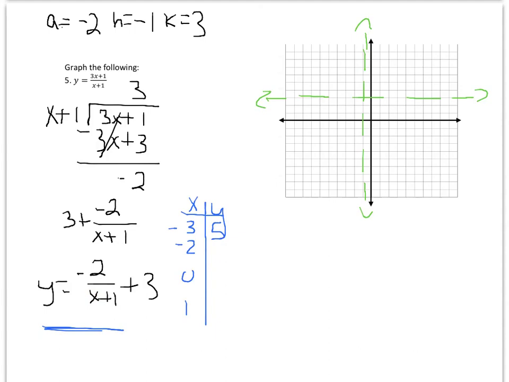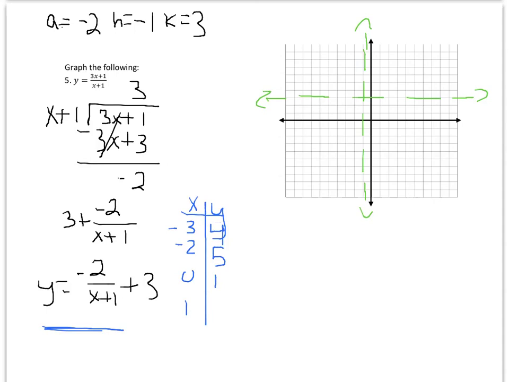Sorry, not 5. You would get 4. Plug the negative 2 in for x, you get 5. Plug the 0 in, you get 1. Plug the 1 in, wait, if I plug 0 in, negative 2, yep.